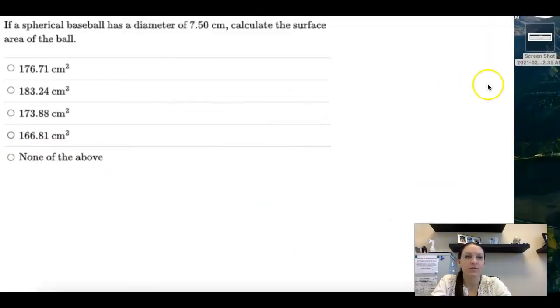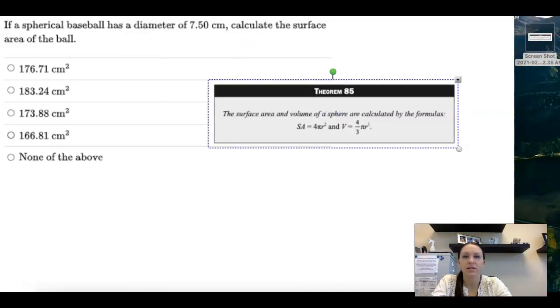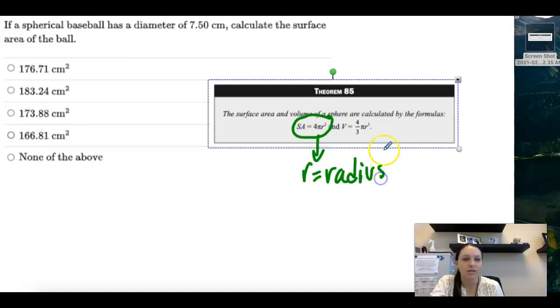Alright, now let's do some surface area questions. So if a spherical baseball has a diameter of 7.5, calculate the surface area. So now I want to use this formula for surface area. And again, I only need to know the radius.